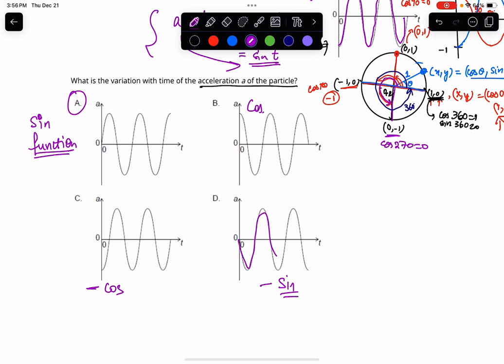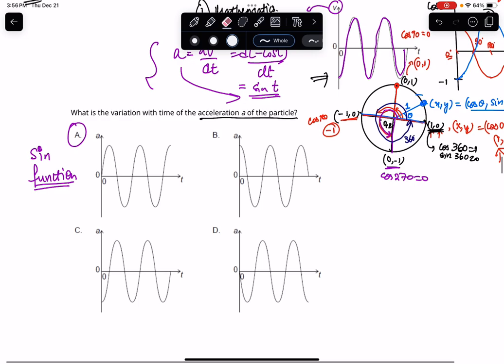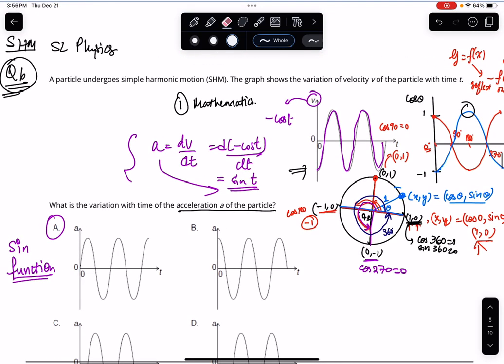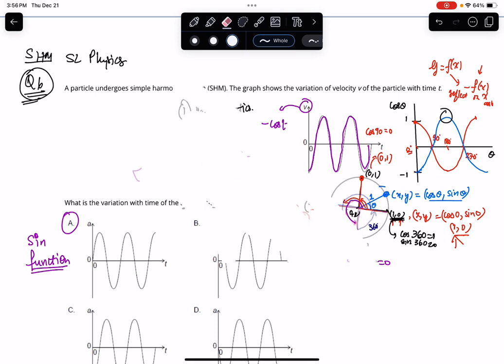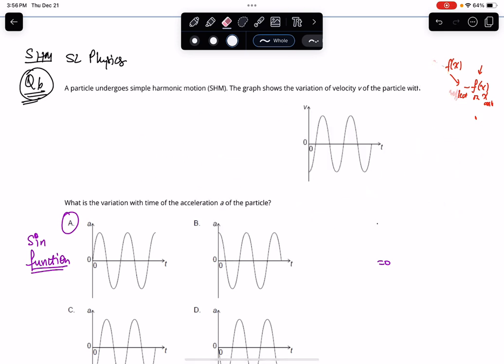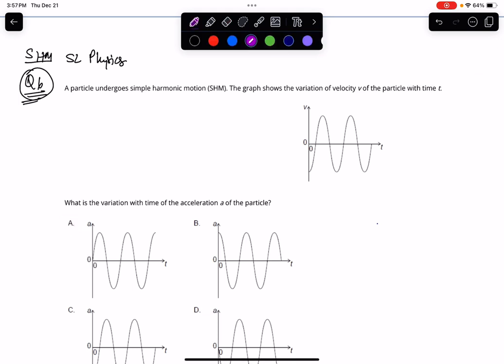So this is negative sine, this is negative cosine, and this is cosine, and you can see how these functions behave. Okay? So that's why the answer we are looking for is A. So this is the mathematical way to look at it, right? Now the other thing we can do is draw a simple pendulum and then visualize things. Okay? So A is the correct answer.